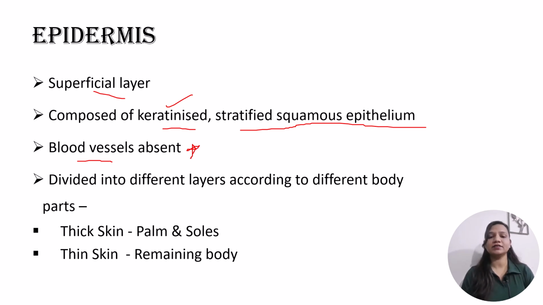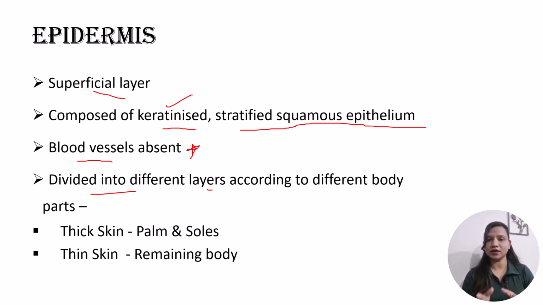It is the most important point that blood vessels are not present in the epidermis layer of the skin. And the epidermis is divided into different layers according to the different body parts. I have already mentioned in the previous slides that in palms and soles the skin is thicker, and in the remaining body the skin is thinner. This is because of the epidermis layers.